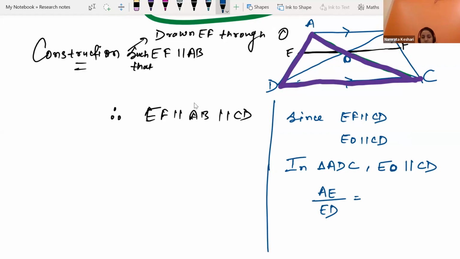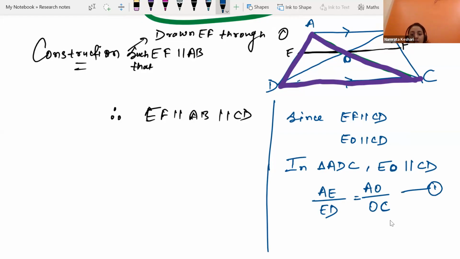Who will say? AO by AC. AO by OC और AC. OC.